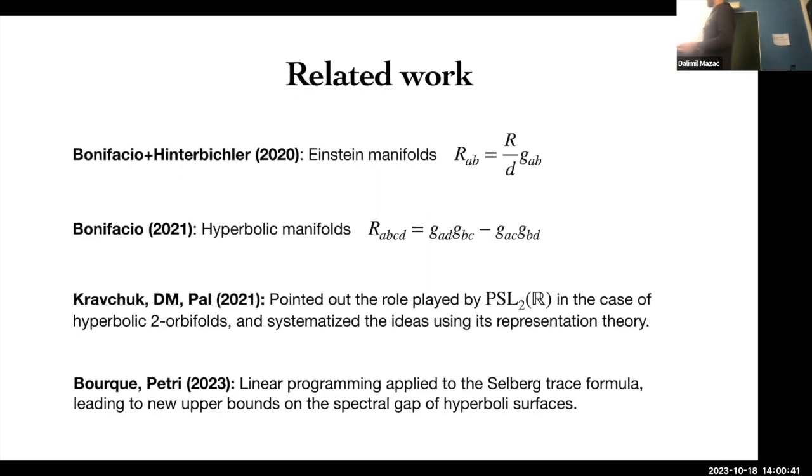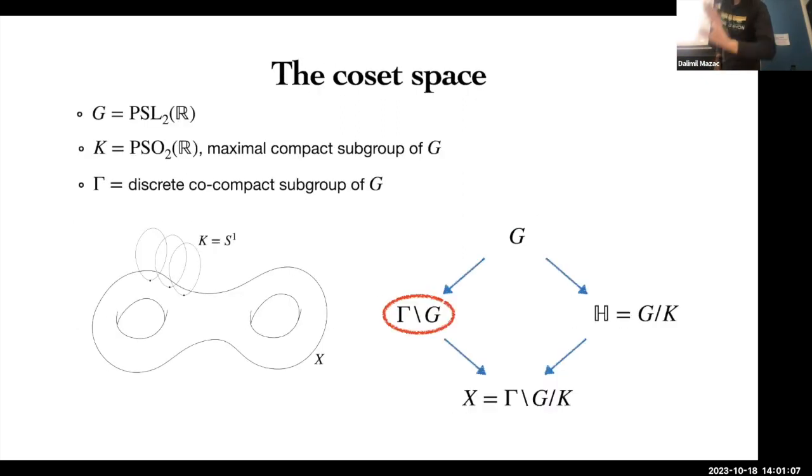We systematized the ideas using representation theory. Also, finally, Borg and Bram-Petry. Bram is actually here in Paris, I think at Sorbonne, a mathematician. They applied linear programming not to these quadruple overlaps, but to the Selberg trace formula to find interesting upper bounds on spectral gaps of hyperbolic surfaces. There's a typo. Okay, but now let's jump into the actual method.